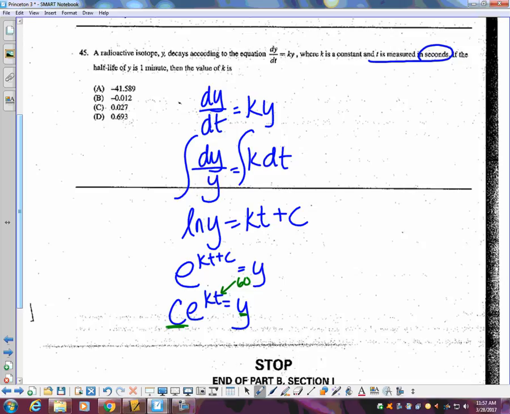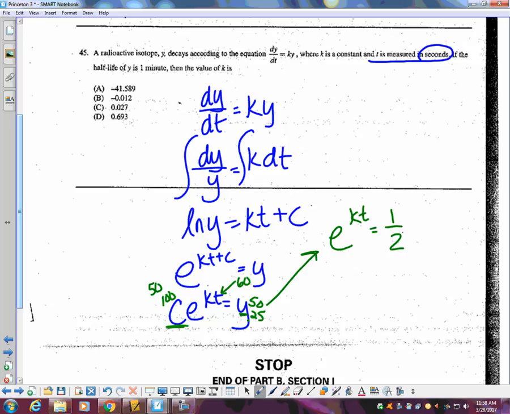And so, you know, you can pick some numbers and say, okay, if we started with 100, this is now 50. Well, if you divide your C over, it's going to give you a half. If you started with 50, then this is going to be 25. Again, if you divide the 50 over, you're going to get a half. So what you can do here is e to the kt equals 1/2.